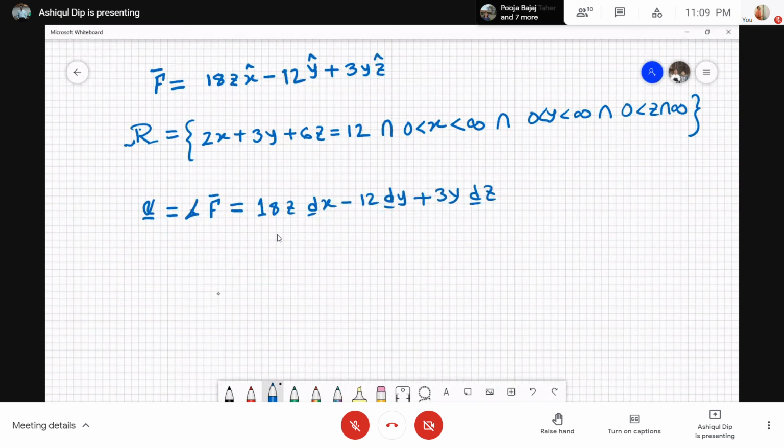So beta would be a two-form, defined by star alpha, which is basically star flat of F, and we have already learned that earlier. If you take a star on this whole thing, what should you get in 3 dimensions?